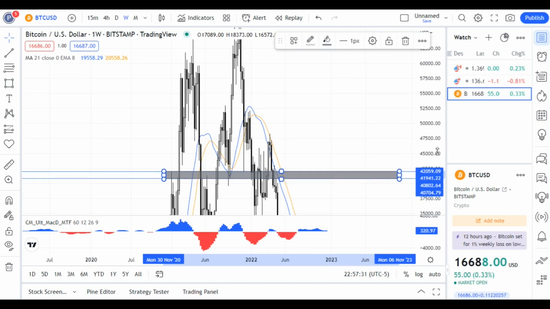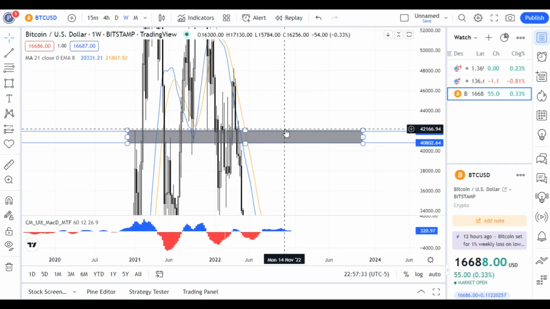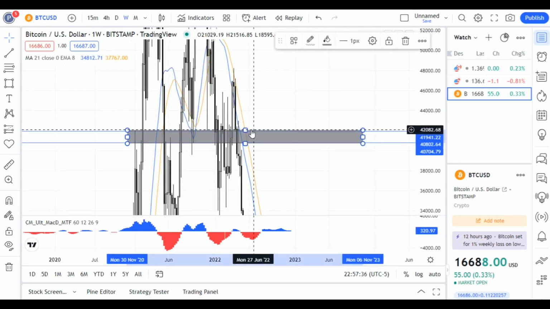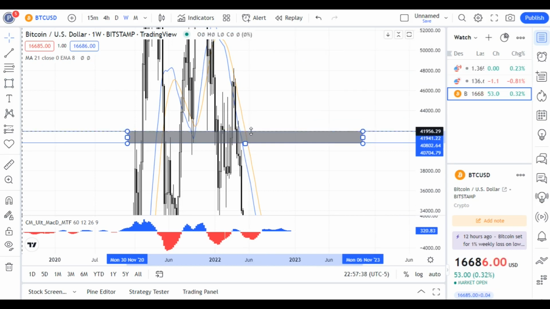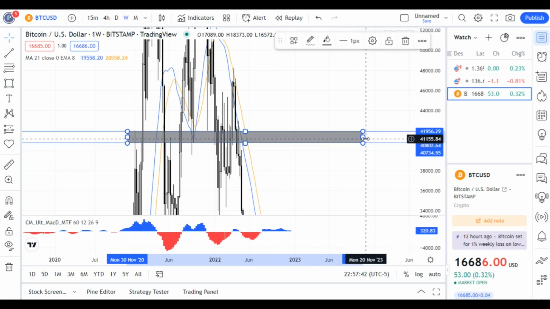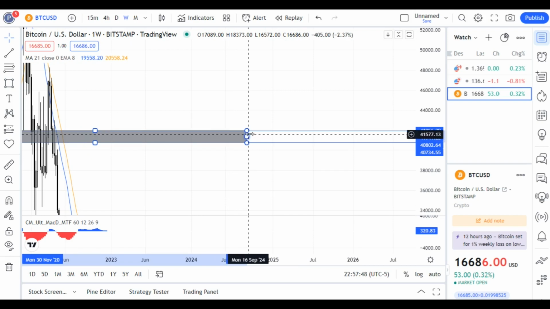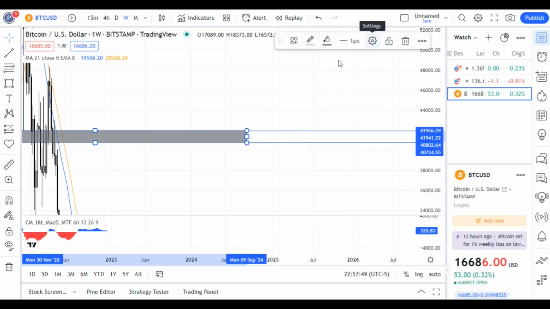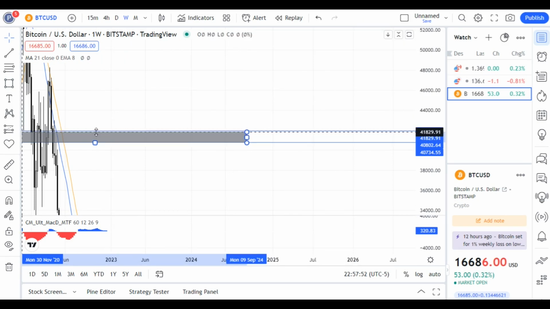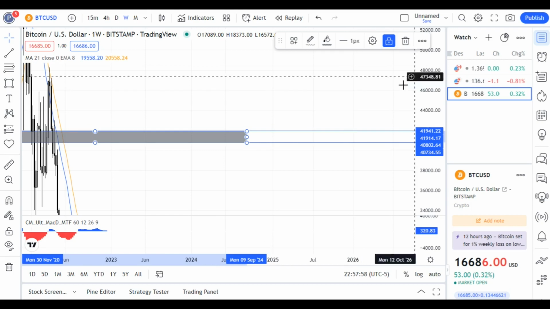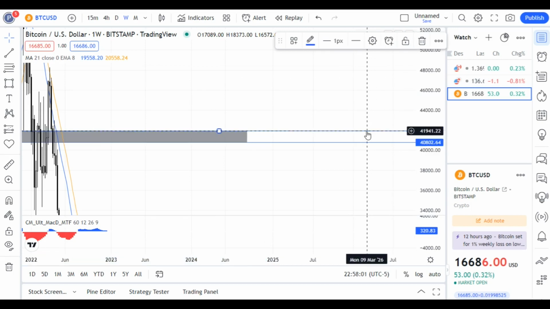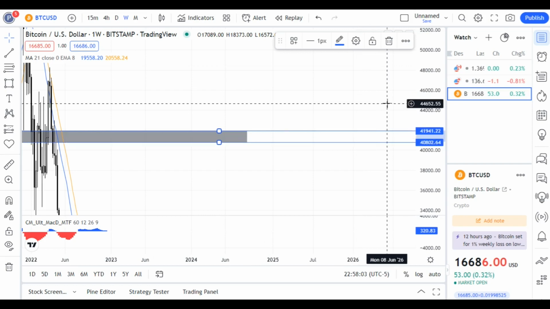We expand to make sure we get the actual edges of the zone, so we lock it nicely, select our lines and delete them.